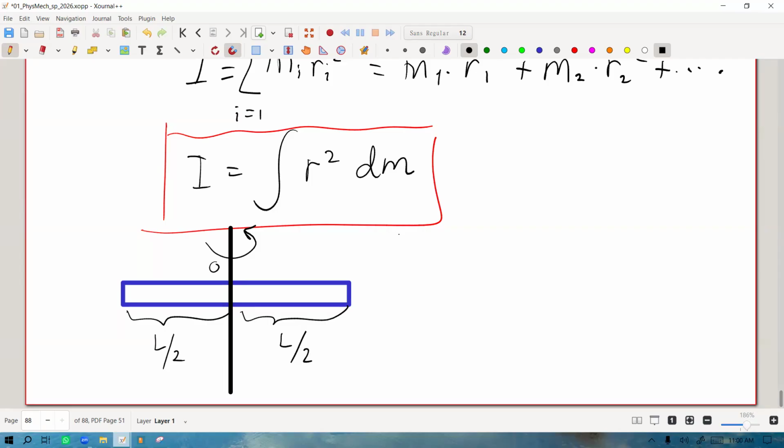So I can take the integration. The inertia is the integral of r squared dm.